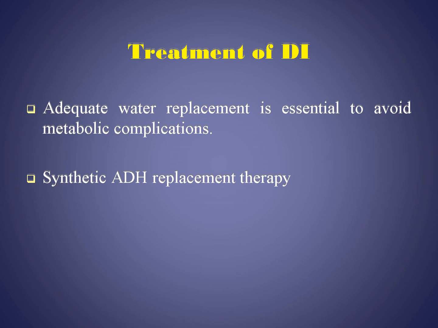So adequate water replacement is essential to avoid metabolic complications. On the other side, we should replace the hormonal deficiency. We give the child synthetic ADH replacement therapy, either as a tablet or as a nasal spray.